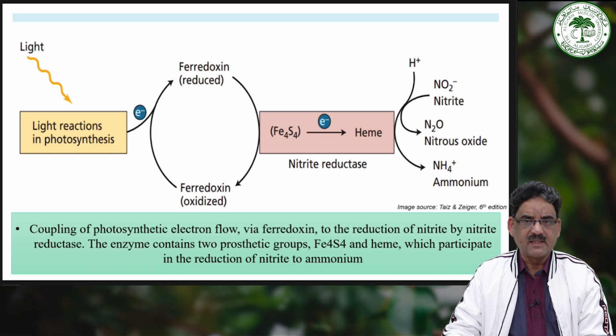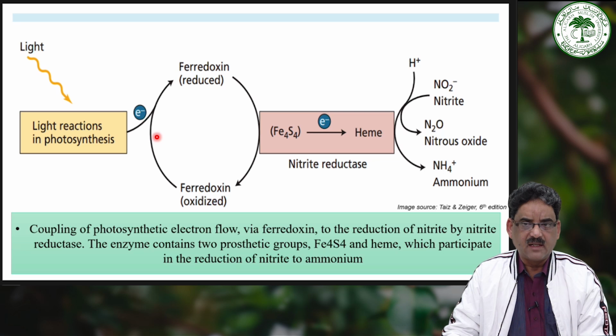Several intricate molecular interactions occur within the chloroplast. Firstly, during the light-dependent reaction of photosynthesis, light energy is absorbed by chlorophyll molecules, initiating the flow of electrons through the photosynthetic electron transport chain.